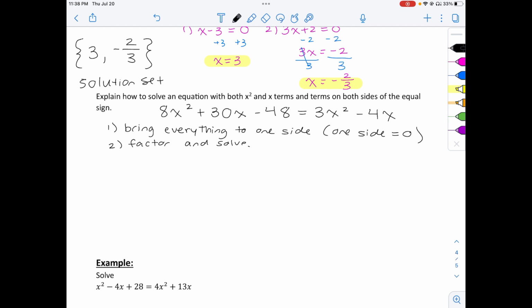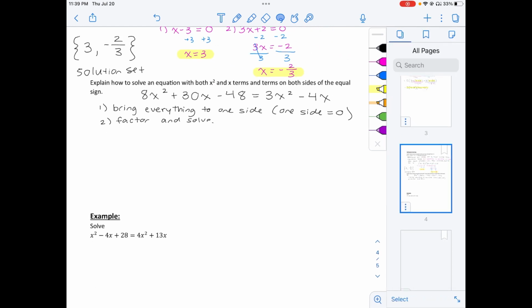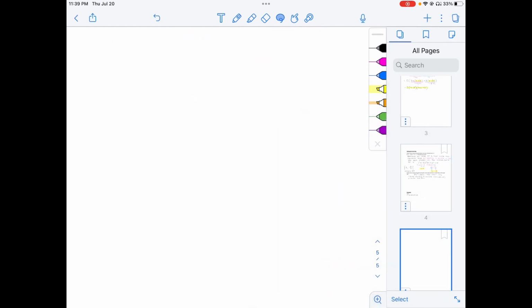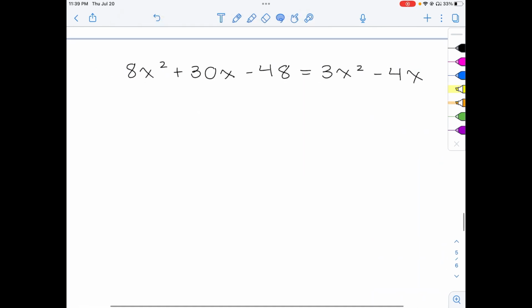Okay, so with this expression, I'm just going to go ahead and copy this to a different page so I have some more space. But I'm going to show how we do this. So page here. This is the same equation. Okay, so my first step, like I said, is I want to bring everything to one side.